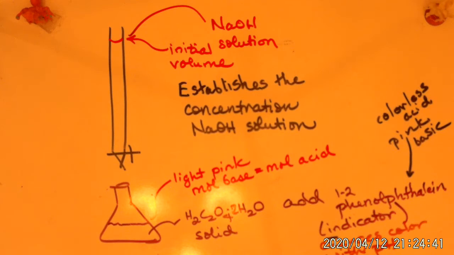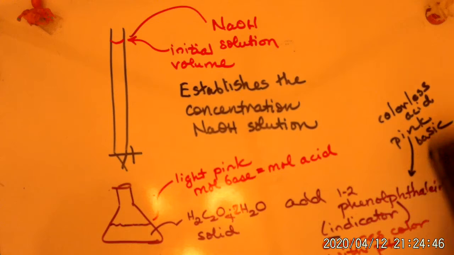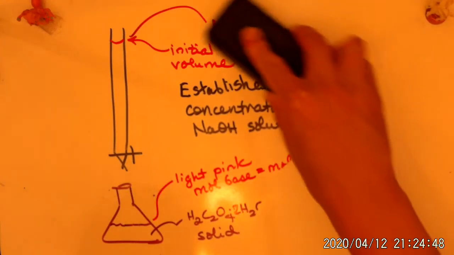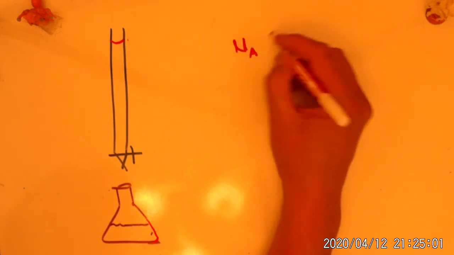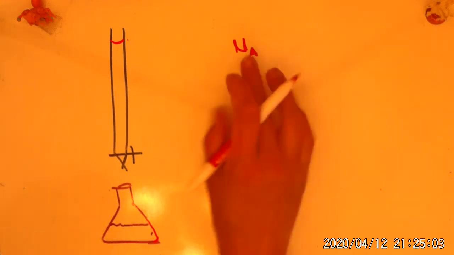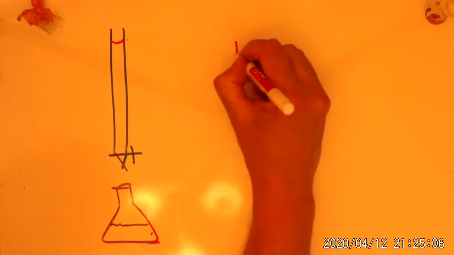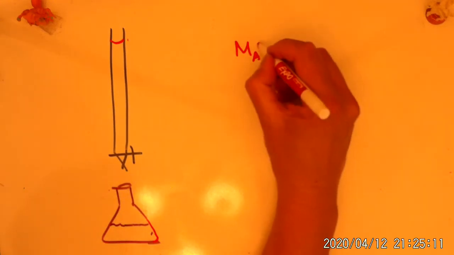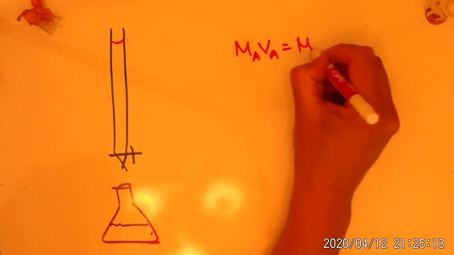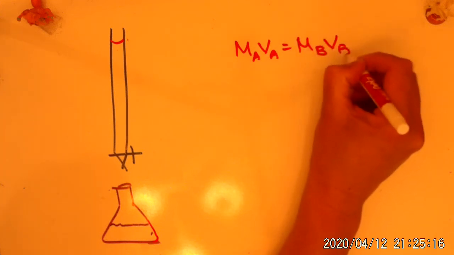So the formula that you're going to use looks just like this. The concentration of acid times the volume of acid is equal to the concentration of base times the volume of base.